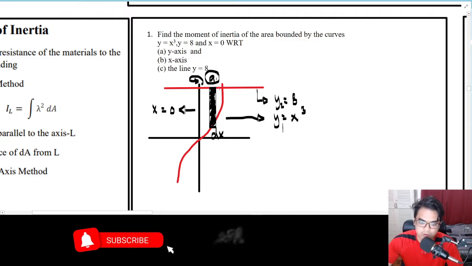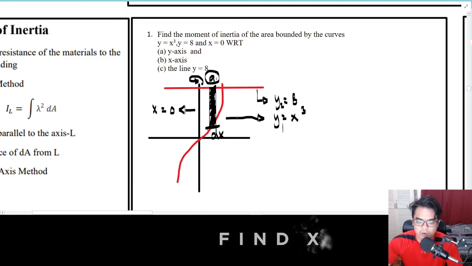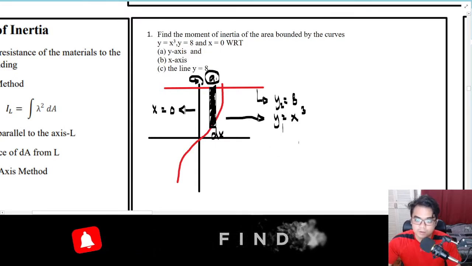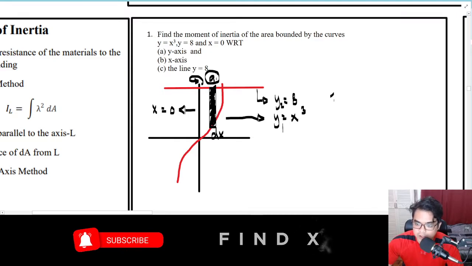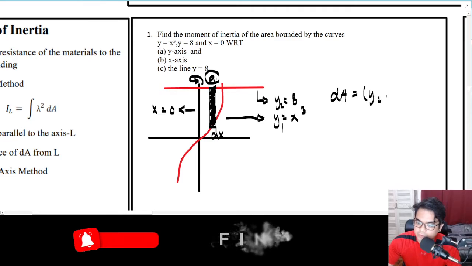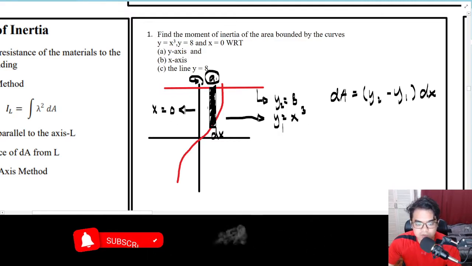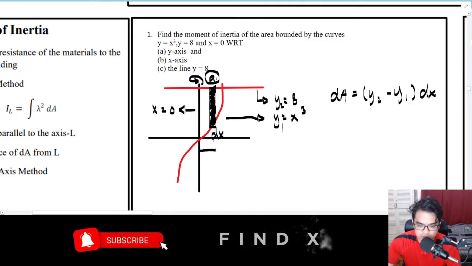So your dA now will be y2 minus y1 dx. Your lambda here is the distance of the axis of revolution to the dA, which is just x.